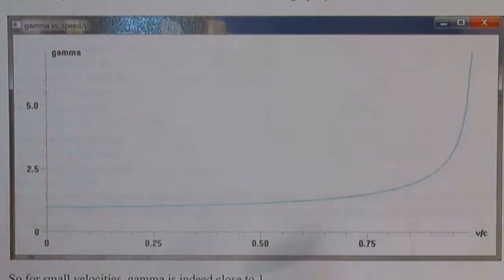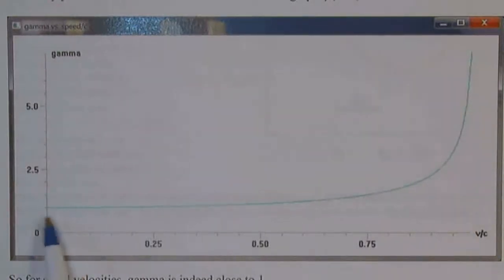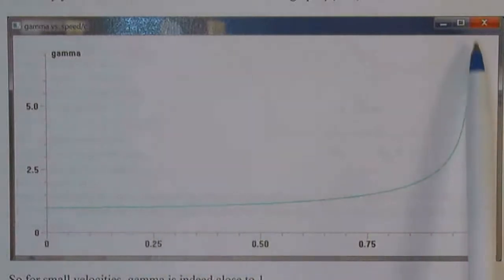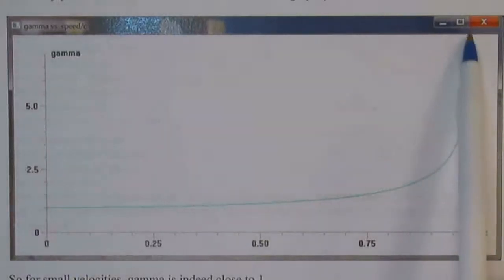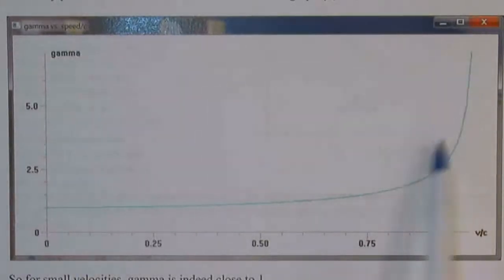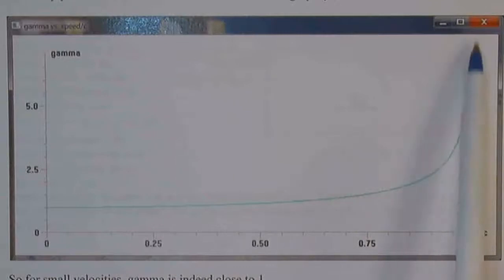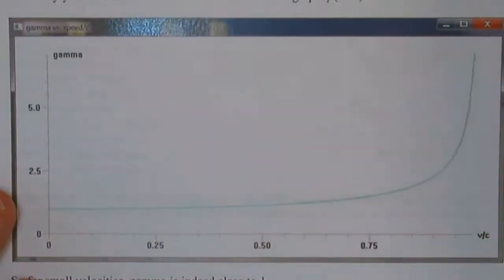Whenever you have a new function, the first thing you should do is graph it to see what its behavior is. Down here, gamma is approximately 1, the low velocity, Newtonian limit, and up here we have the relativistic limit, where gamma is diverging. We're primarily going to be concerned about this intermediate region today, where gamma is not quite equal to 1, but it hasn't yet diverged to very large values.